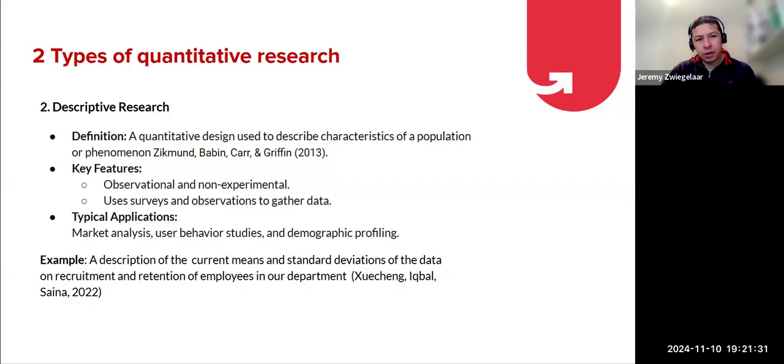So here's an example again, looking at the description of the current means and standard deviations of the data on recruitment and retention of employees in our department. When I say current means, just to note, the mean is basically the average of a set of data points.